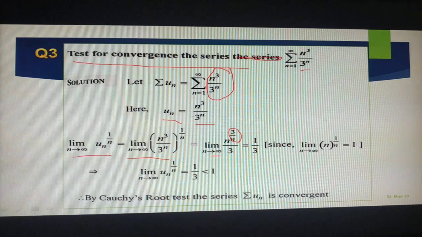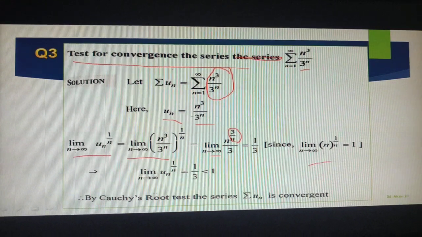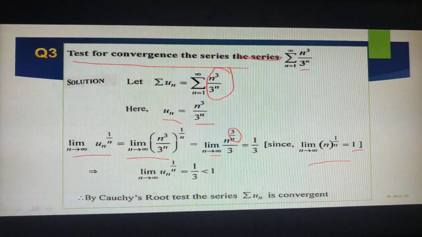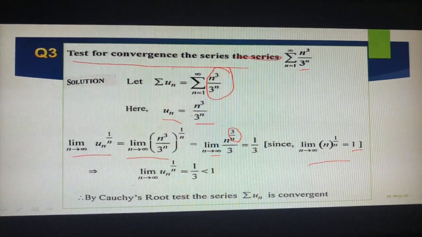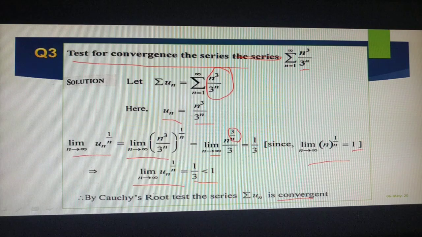So infinity to the power of 0, any number to the power of 0 is 1, so that is 1 by 3. Otherwise we know this result also, limit n tends to infinity, n to the power of 1 by n is equal to 1, right? So we have 1 by 3, and of course 1 by 3 is less than 1, so the series is convergent.